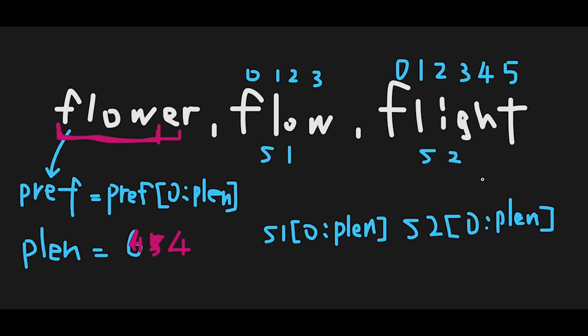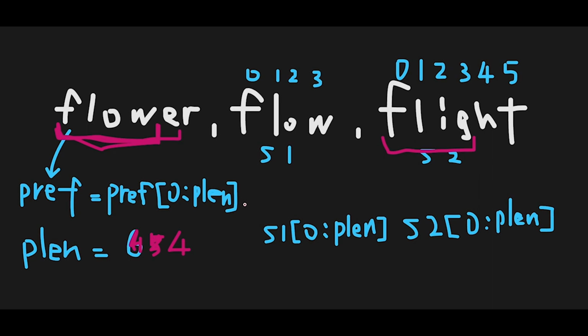So 0 to 4, so 0, 1, 2, 3, but 4 is not included, so compare this area versus flow, and compare two prefixes, and they are not the same.